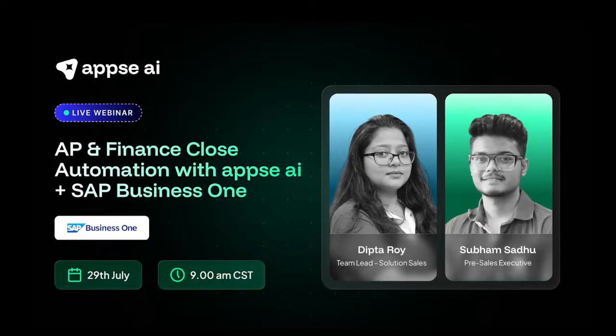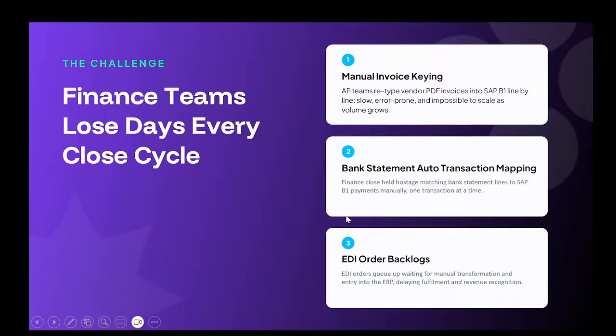Right. So the three things that actually stand between you, your team, and a fast close. The first is manual invoice keying.